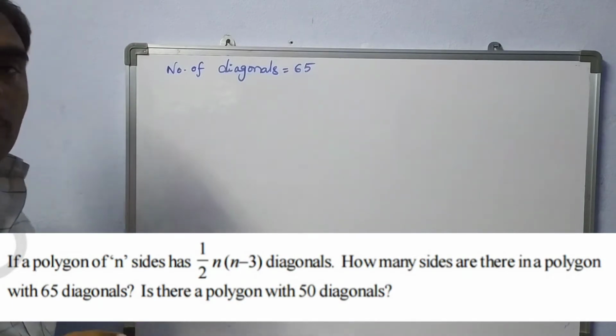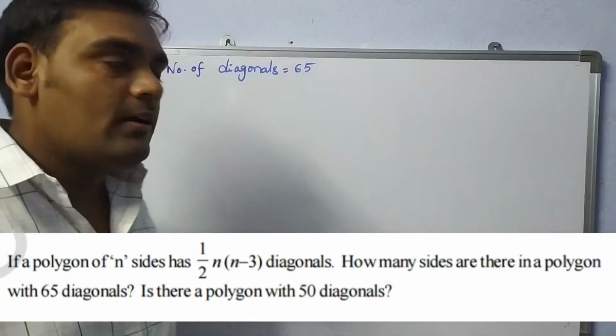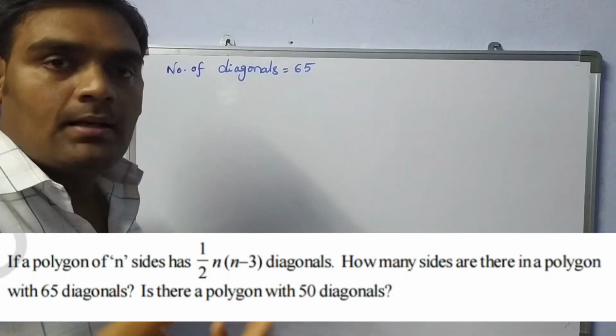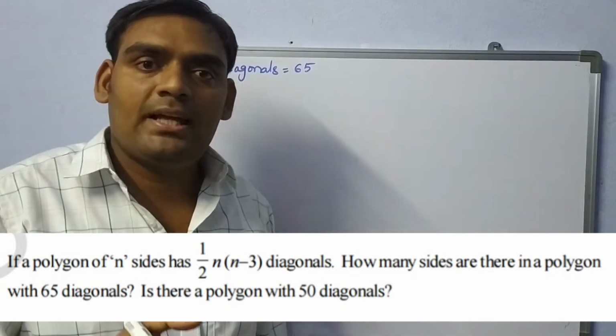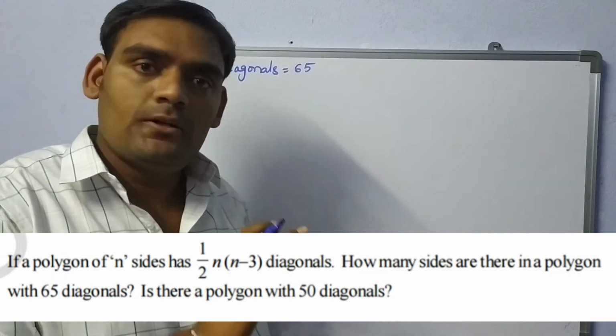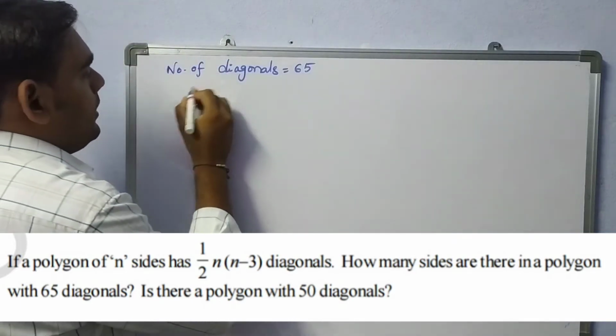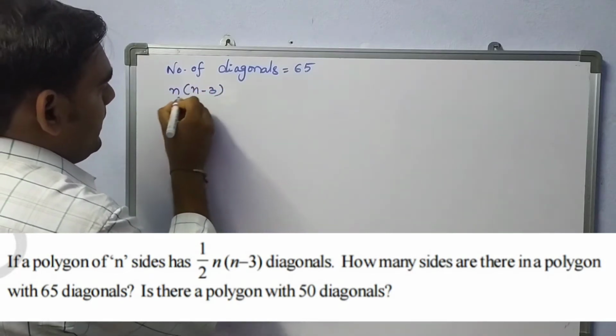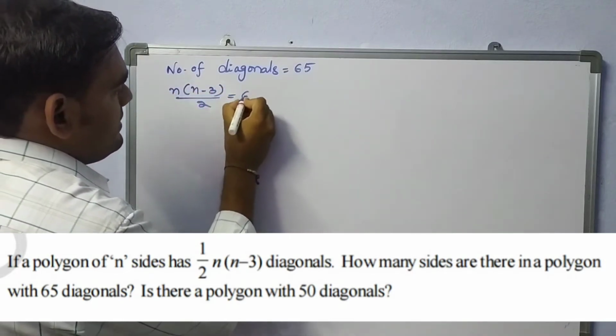What is the formula to find the number of diagonals? When you know the number of sides, n means the number of sides, and at that time the number of diagonals will be n(n − 3)/2. So here we will write n(n − 3)/2 is equal to 65.